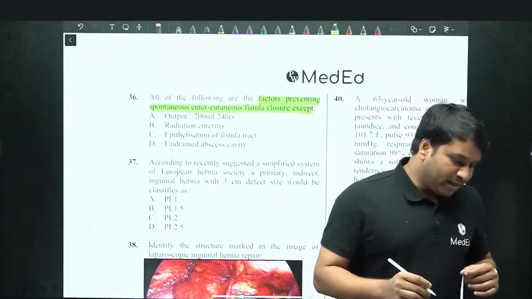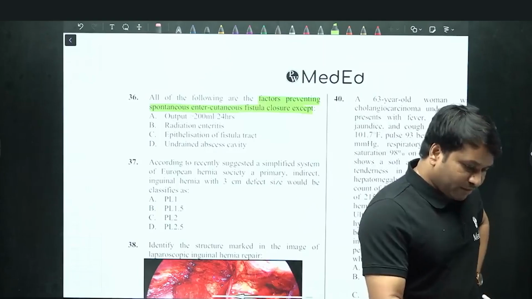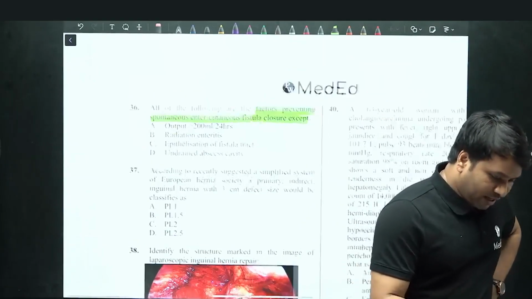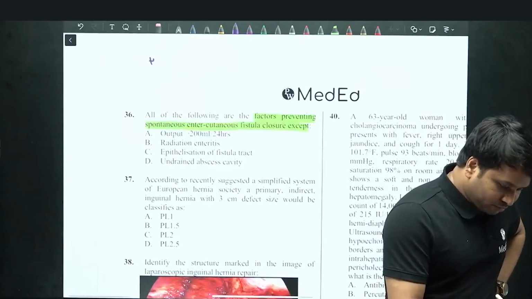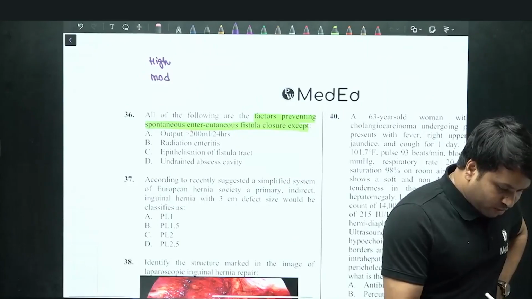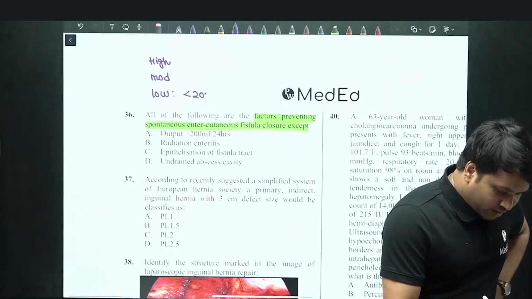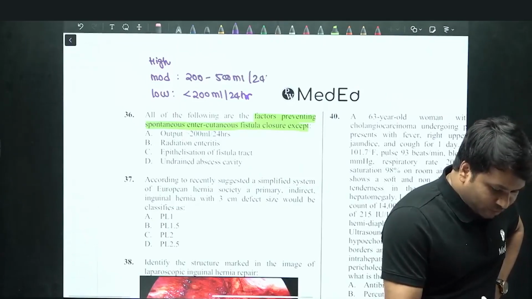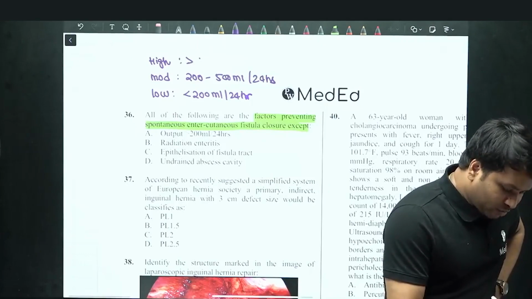Now when you talk about the enterocutaneous fistula, it is divided on the basis of output. You have high output, moderate output and low output. Low is less than 200 ml in 24 hours. Moderate is 200 to 500 ml in 24 hours and high is more than 500 ml in 24 hours.